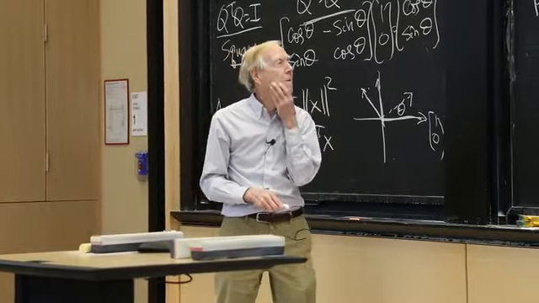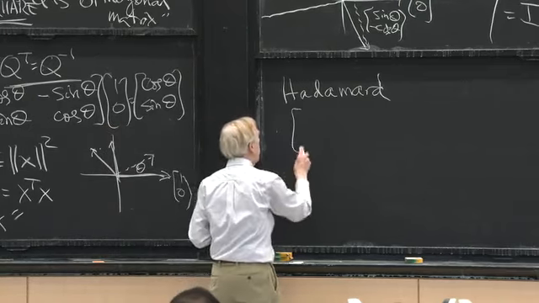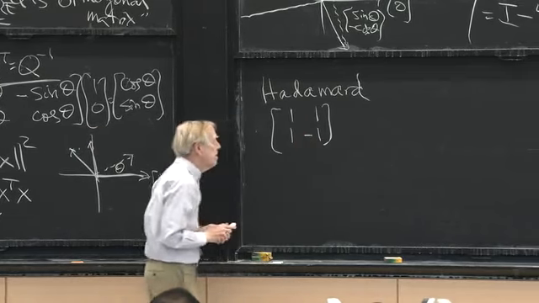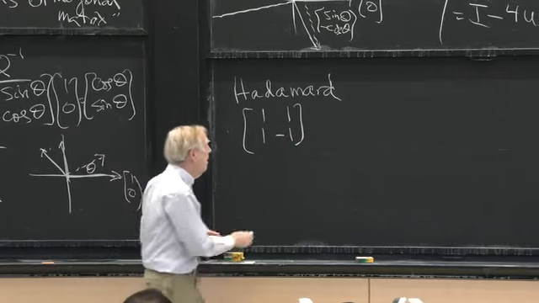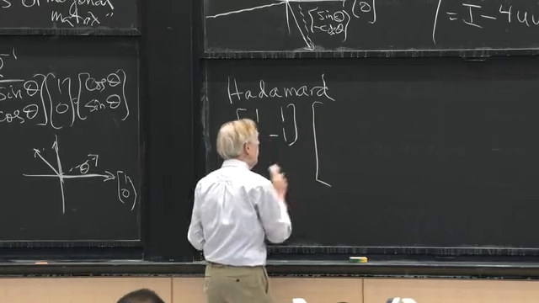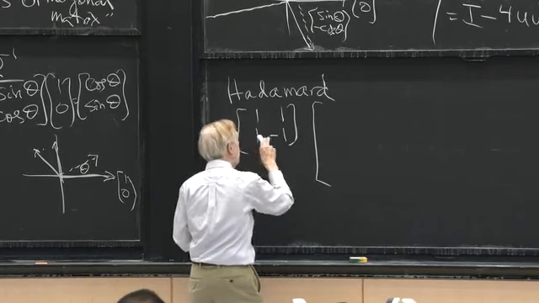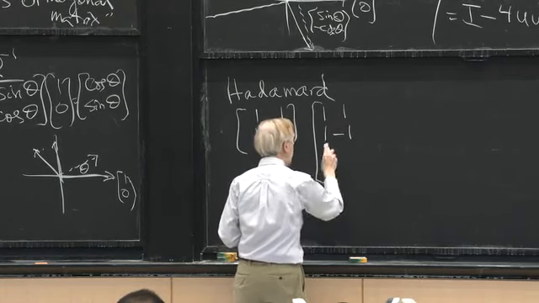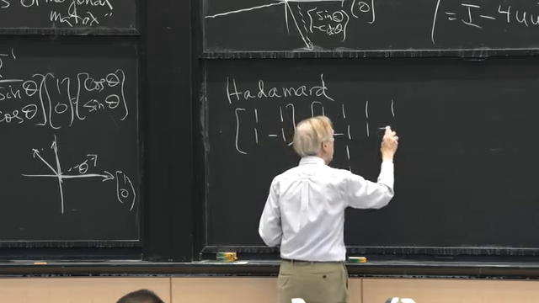Okay, Hadamard. All right, Hadamard. So Hadamard created, well, that's the simplest, the smallest. Now, the next one is going to be 4 by 4. Where I see a 1, I'm going to put Hadamard in: 1, 1, 1, minus 1, 1, 1, 1, minus 1.